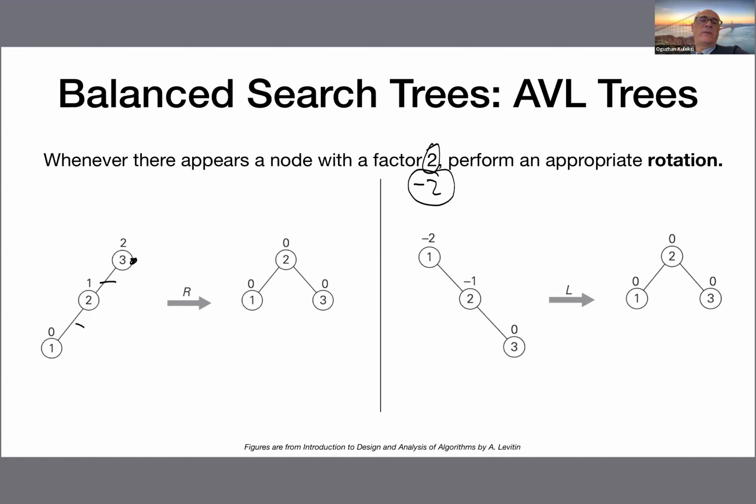Which one should I consider first? This is important. I should consider the one that is closest to the newly inserted node. Since I have just inserted this node and this one is closer, first I need to perform the rotation for this one.